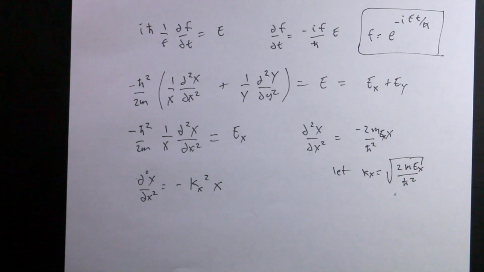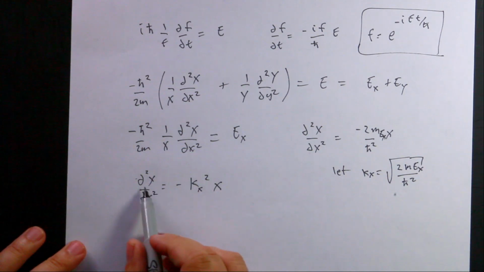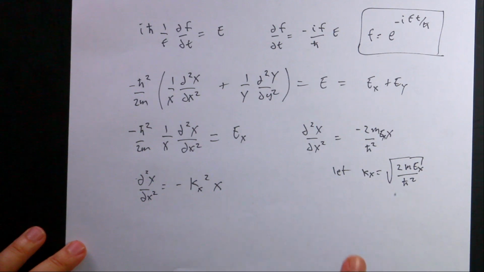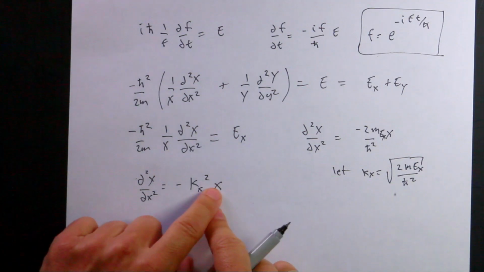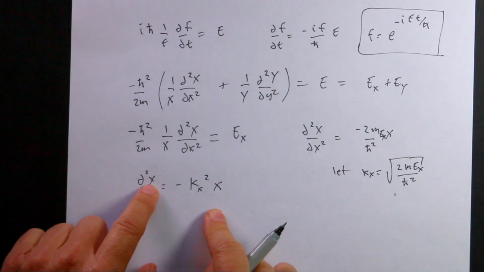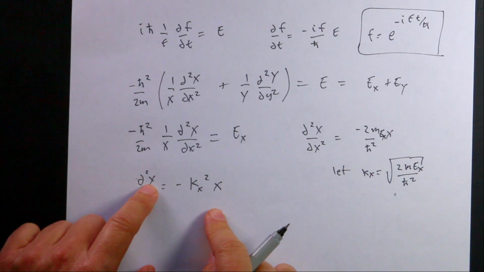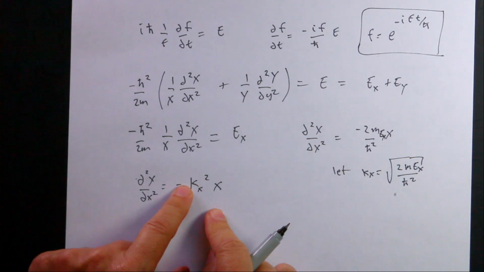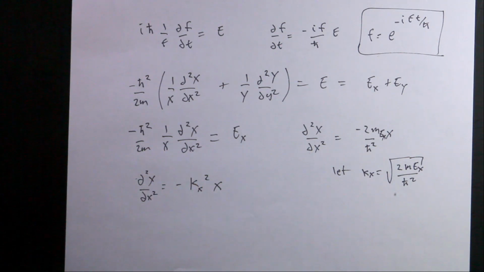And this is exactly what we did in the one-dimensional infinite square well. With this equation, the best way to solve differential equations is to guess. What function do I take the derivative of twice and get a negative constant in front of it? The answer is sines and cosines, both a sine and a cosine.